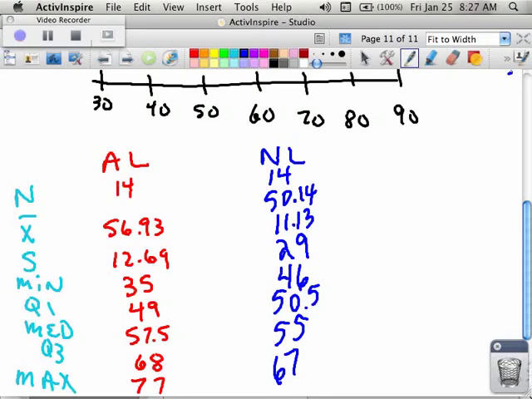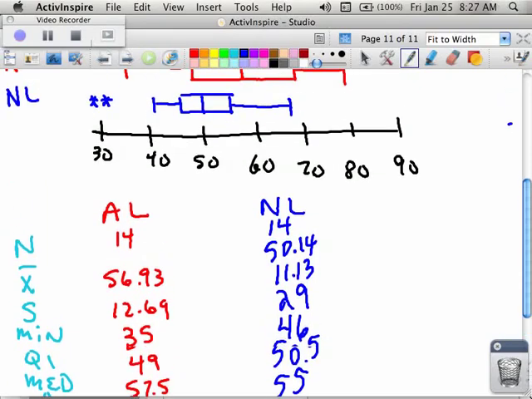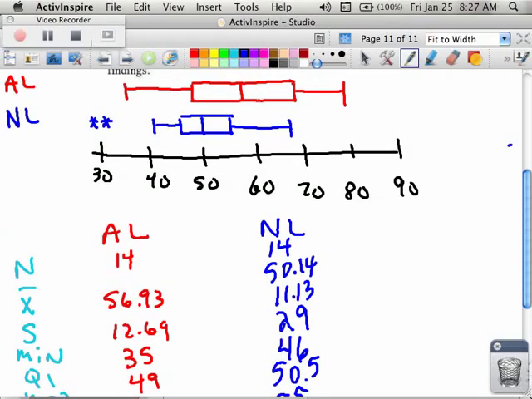So you look at your X bar, 56 in the American League, almost 57, 50 in the National. So that's something important to notice. All 5 numbers in our 5-number summary and the mean are less for the National League teams than they are for the American League.